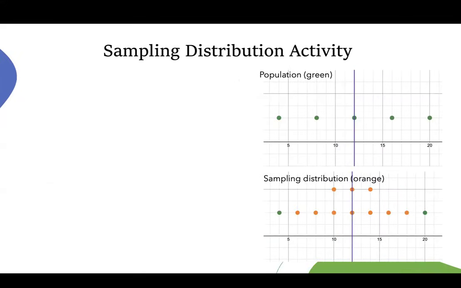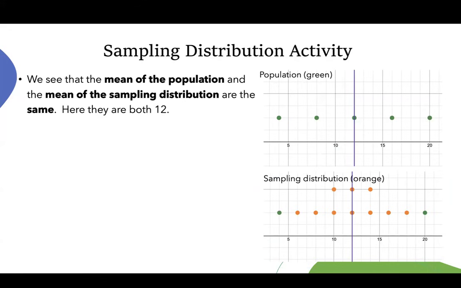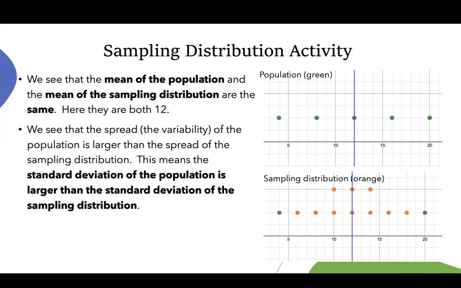So here is the population and the sampling distribution in green and orange. The mean goes through the center for both of them. It's 12 for both of them, but the spread or the variability is different. It is bigger for the population than it is for the sampling distribution, and therefore the standard deviation for the population is bigger than the standard deviation of the sampling distribution.